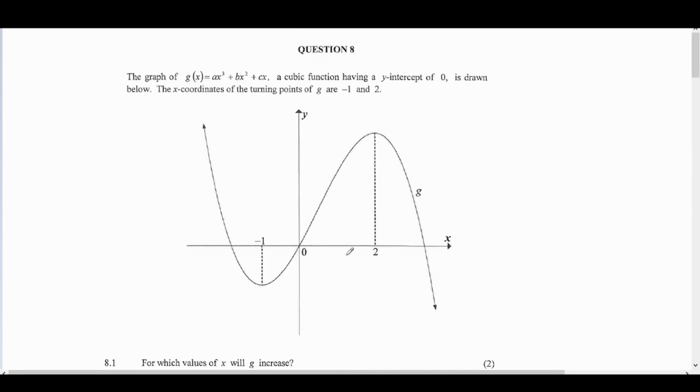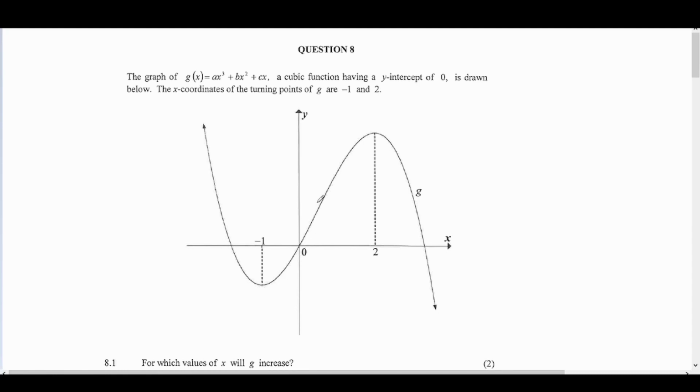Then 8.2 says write down the coordinates of the point of inflection of G. If we're still looking at our increasing and decreasing, we're looking at its acceleration at this point. You can see that it's decreasing at this point, but it kind of starts slowing down. So it's still decreasing, but it's slower, and then it stops, and then it's increasing.